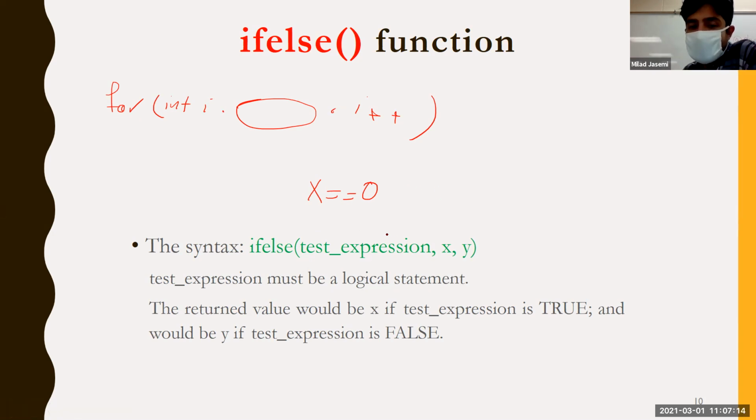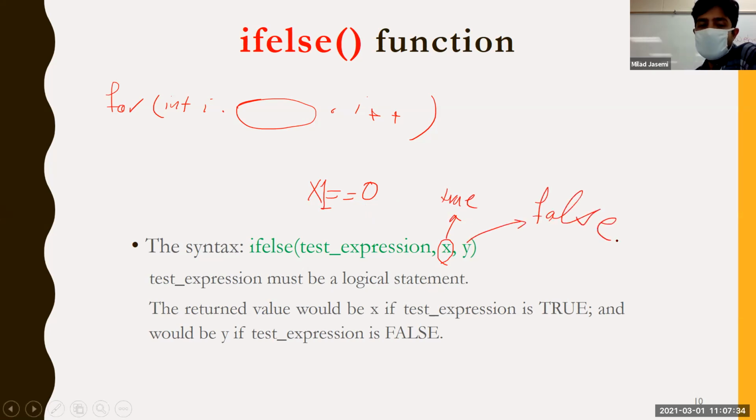And what happens here? If the result is true, get x. Let's make it x1, so they are not confused. x1, and if it is false, it is y. That you can see here.